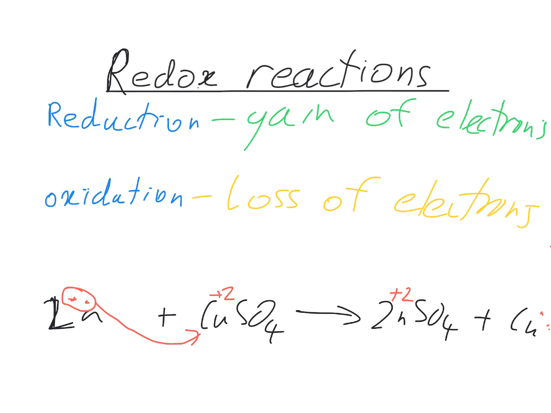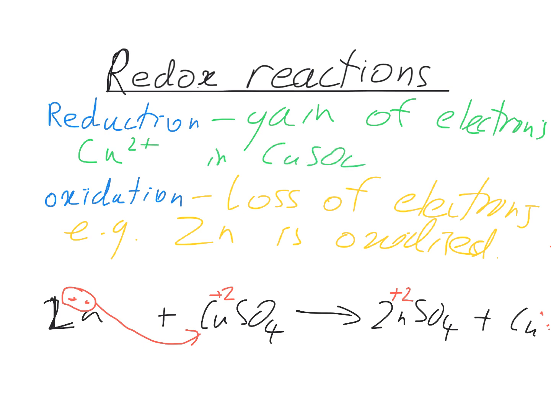So in the example down the bottom here, we can say zinc is oxidized. And copper, specifically copper 2+ in CuSO4, is reduced. So copper 2+ is gaining those electrons, zinc is losing those electrons, and you are ending up with an electron transfer reaction, which as a whole gives you a redox reaction.